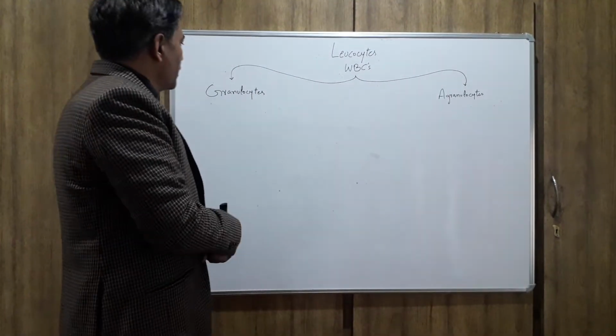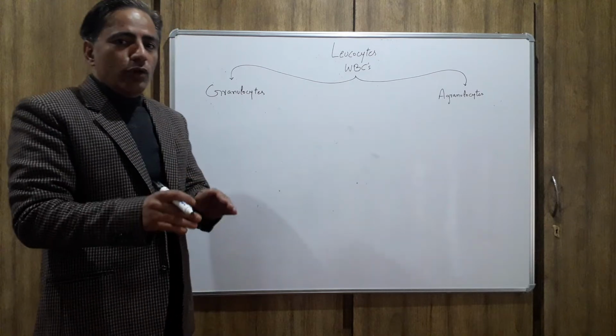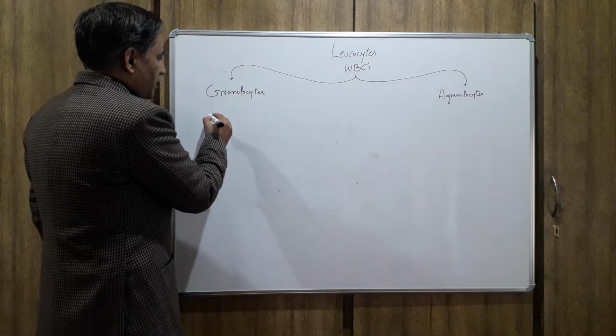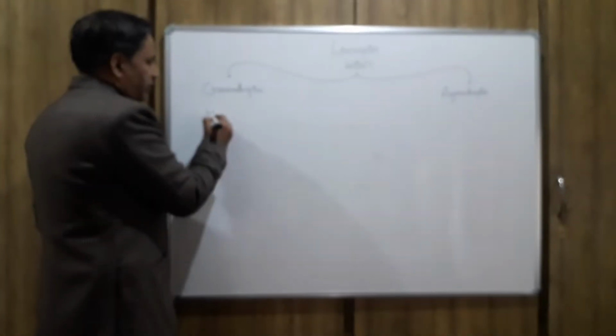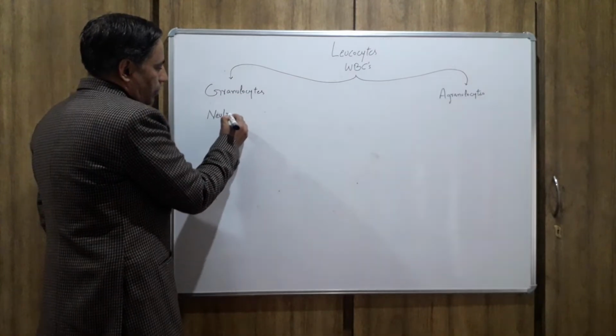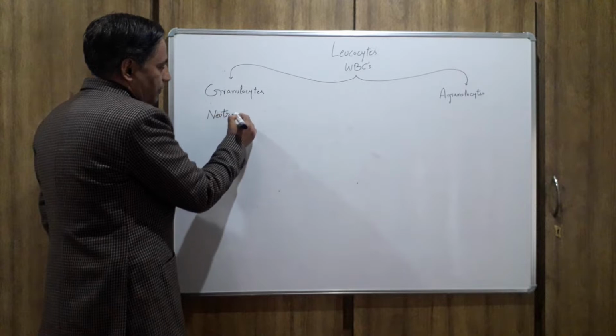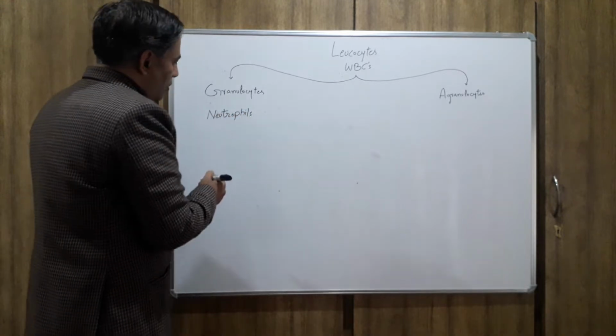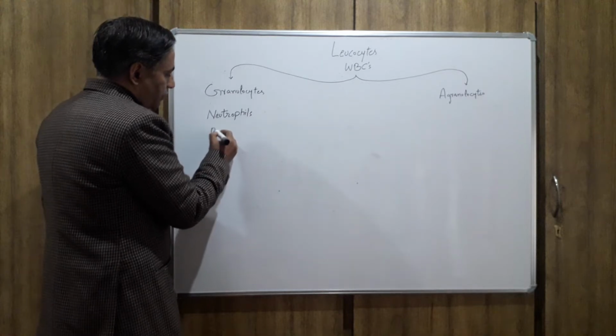There are basically three types of granulocytes present within the leukocytes. Number one are the neutrophils. Number two are the basophils.